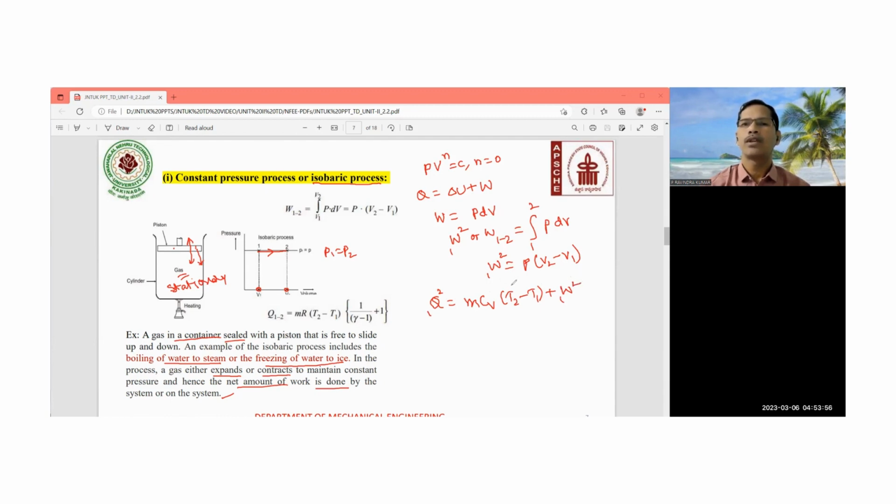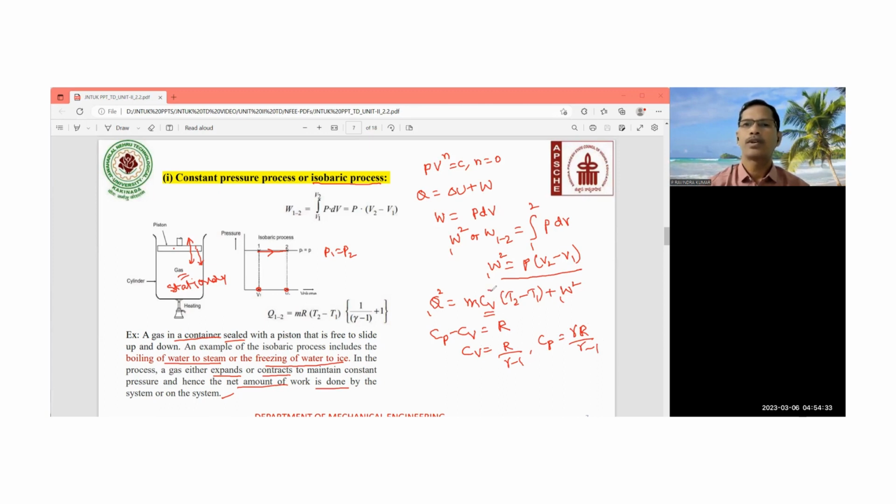This W1-2 is nothing but this relation; here you need to apply it. Then we know that Cp minus Cv, the difference in heat capacities at constant pressure and at constant volume, is nothing but equal to R. Whereas Cv is equal to R by (gamma minus 1), and Cp is equal to gamma R by (gamma minus 1).